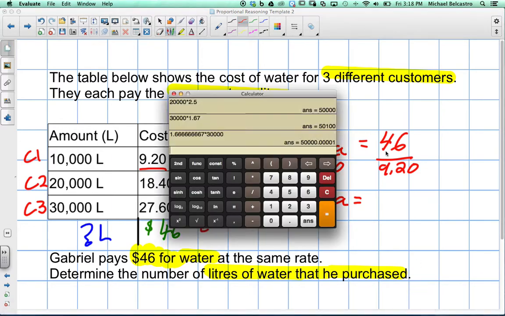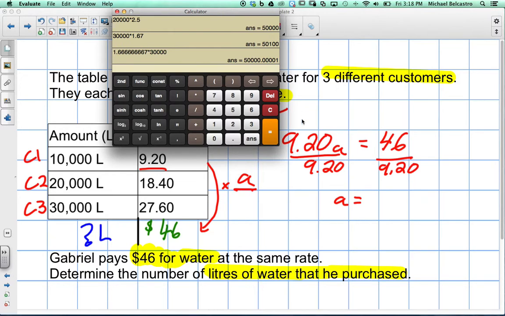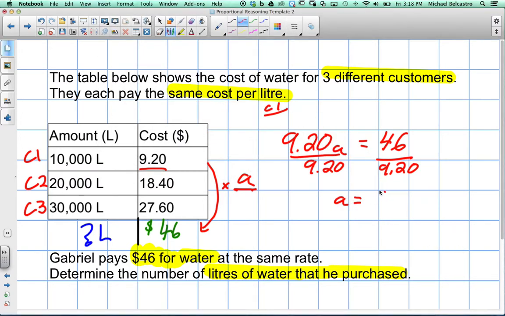And we need to figure out what this number is. This number will tell us what we need to multiply, okay? What we need to multiply by. So we'll take our 46 divided by 9.2. And the answer is 5. Great. So our a value is 5.